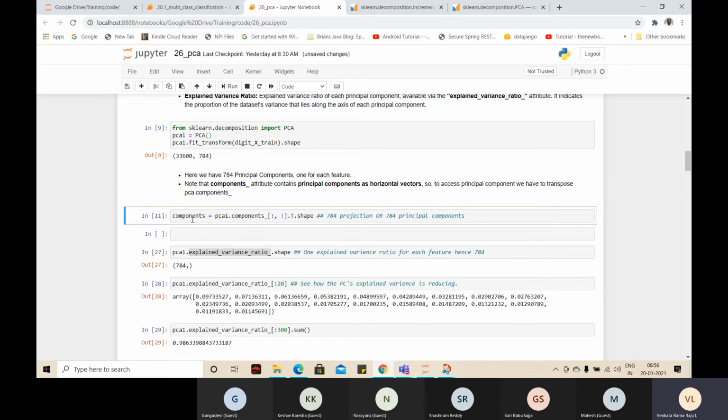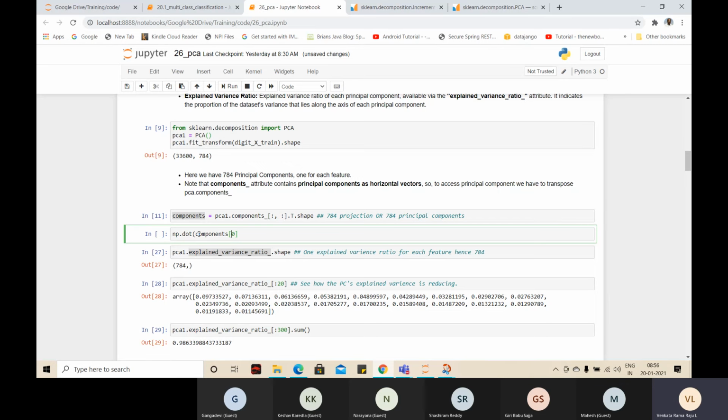So what I said was, the vectors inside these components are orthogonal to each other. Let me take np.dot, index zero.